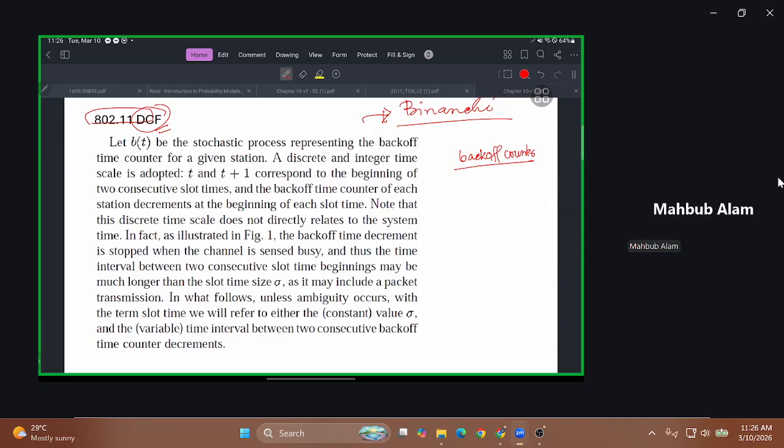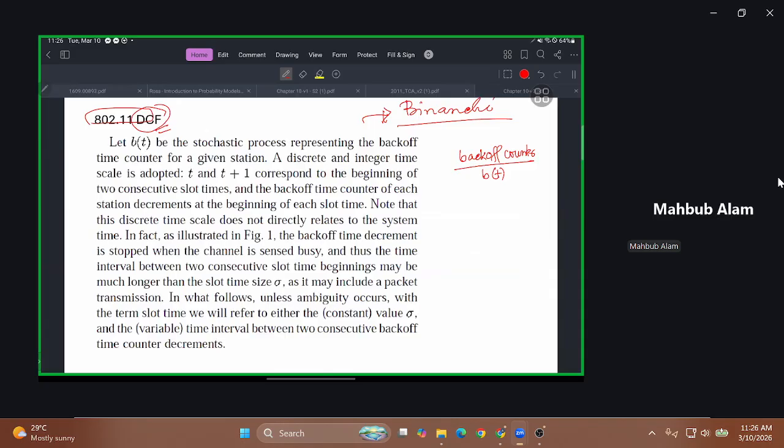And the window size depends on, let's say this is B(t), a stochastic process. If there is no retransmission and a station has a frame, it chooses a value in between 0 to 31, and when the value becomes 0, it just transmits, and then it goes for the next frame. Now, if we include the retransmissions, then what happens?